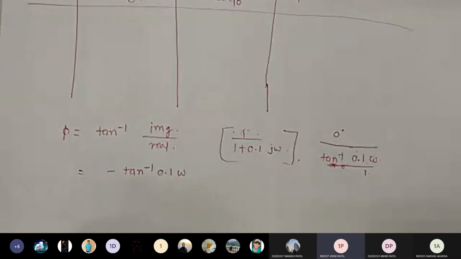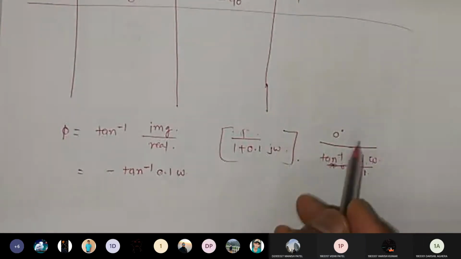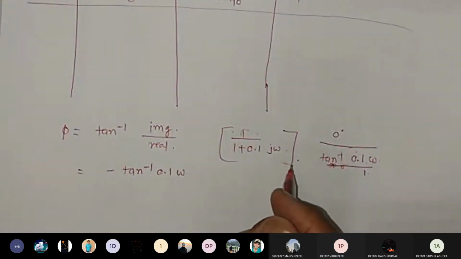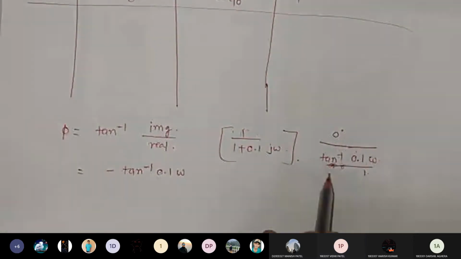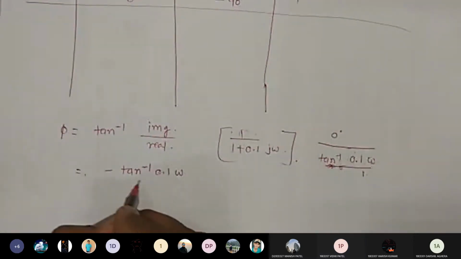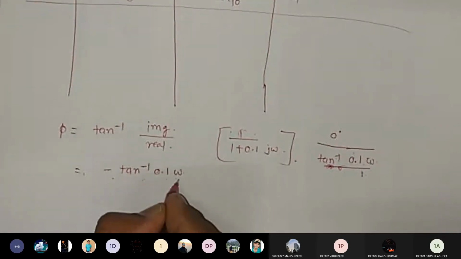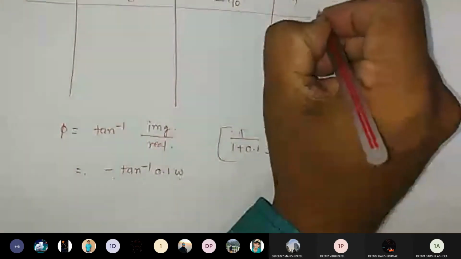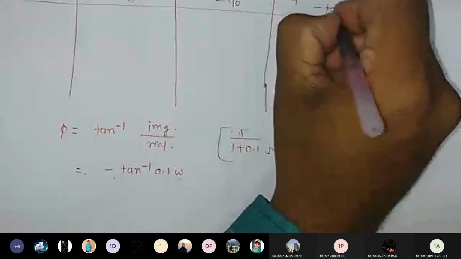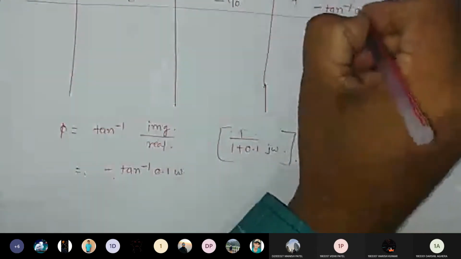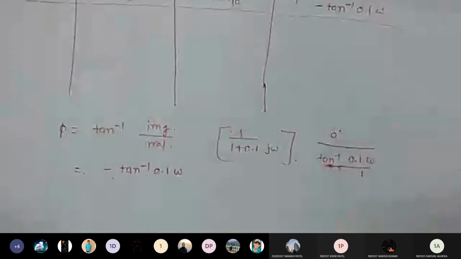So the contribution made by the simple pole is equal to minus tan inverse 0.1 into omega.